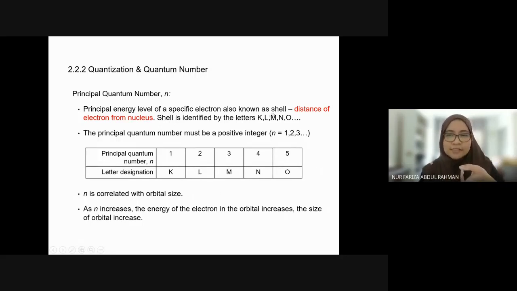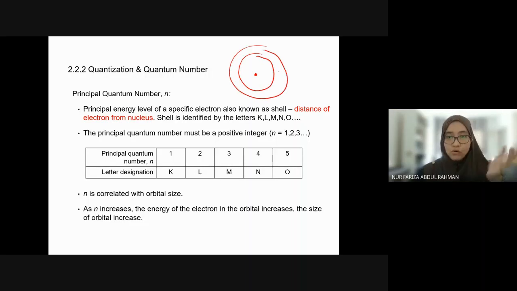It shows the distance of the electron from the nucleus. Here is an example: we have the nucleus here. This is n1, for example, and then we have n2 and so on. So this is what we call the principal quantum number or shell.